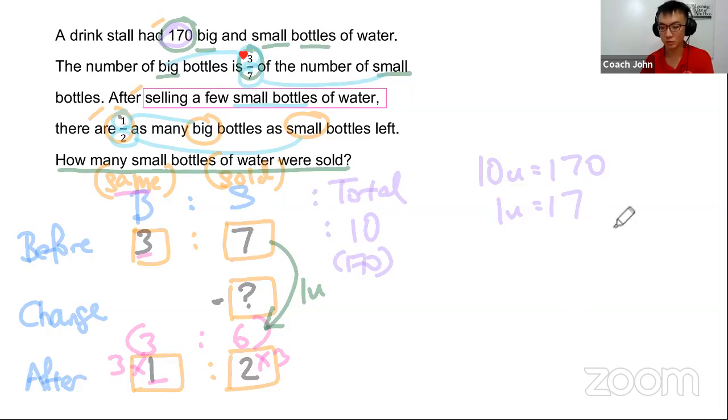Teach your children how to divide by 10 without using a calculator. You can do this if you want: cancel, 17. Then next, it just happens that this is 1U, and this is also 1U. So that's the answer. Please get your child to underline the final answer, because it really helps the marker to be able to give your child as many marks as possible and to mark more easily.